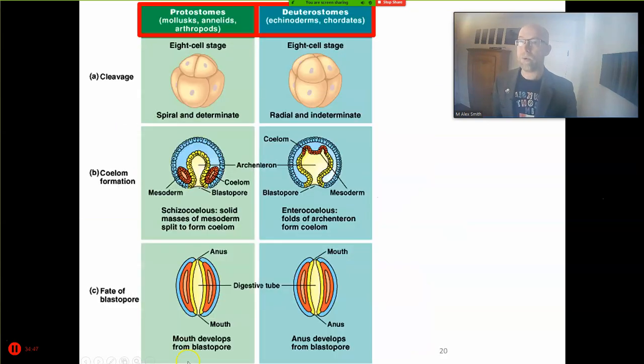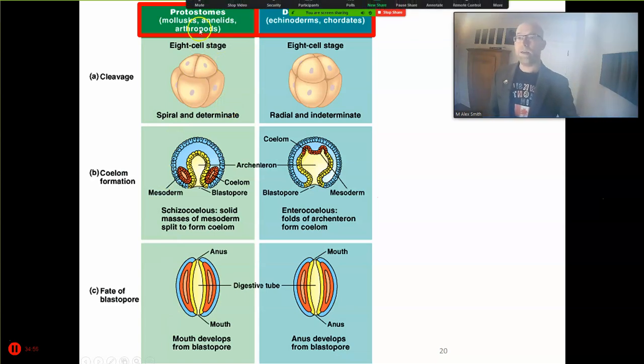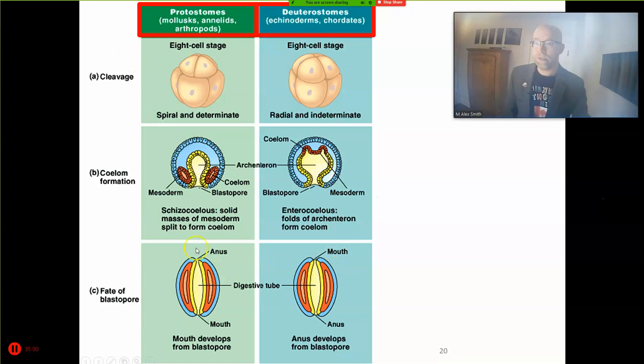Now, here is another visual to help you remember. Solid masses of mesoderm split to form the coelom. So we're on the left-hand side now, the protostomes, and the deuterostomes are on the right. But you can see the difference, schizocoely, so solid masses of mesoderm splitting to form eventually the coelom, as opposed to enterocoelous organisms, which is what we are, where folds of the archenteron invaginate off and pinch off to form the coelom.